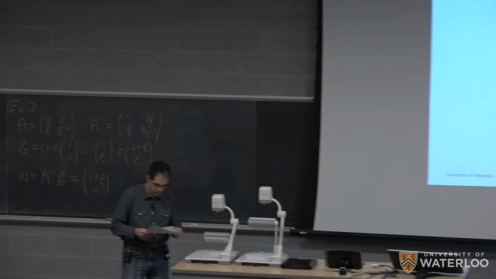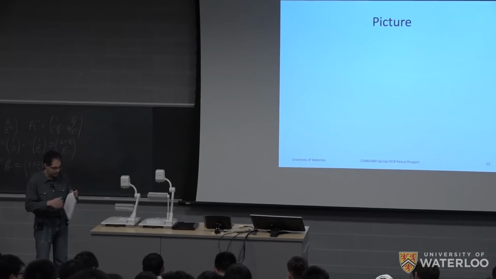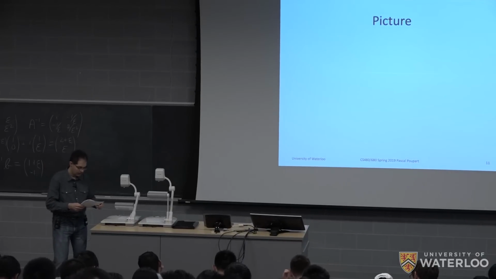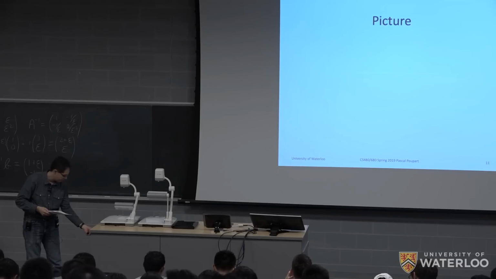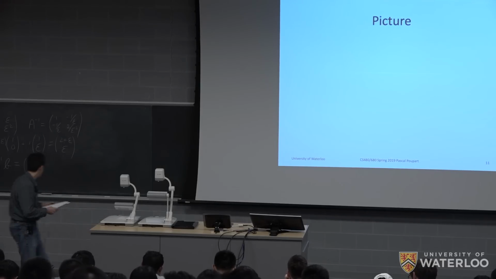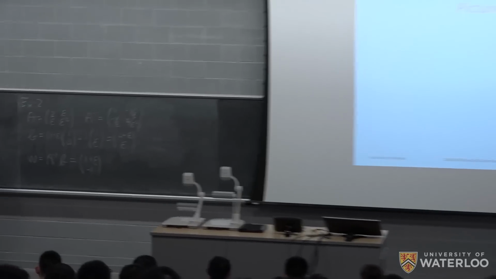To illustrate what has happened, I'm going to draw another picture which will help us see why this is happening. Let me go back to the board. Let's erase this part.